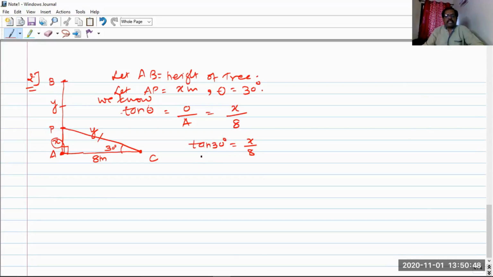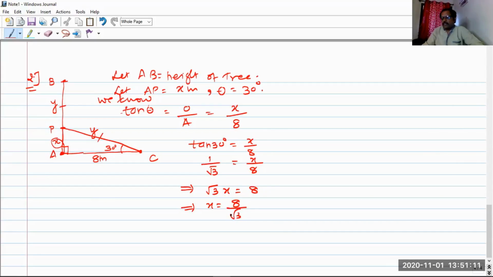How much is tan 30, students? Tan 30 is equal to 1 by root 3, which is equal to x by 8. So how much is x? By cross multiplication, it gives root 3 x equal to 8, or x equal to 8 upon root 3.